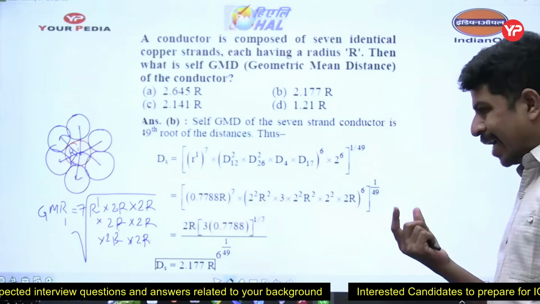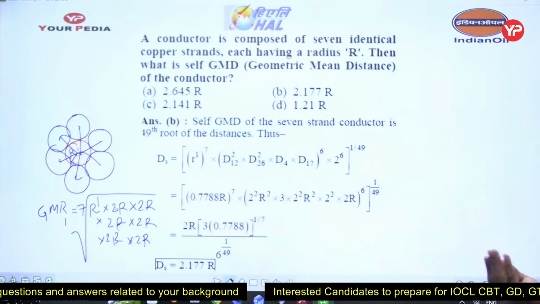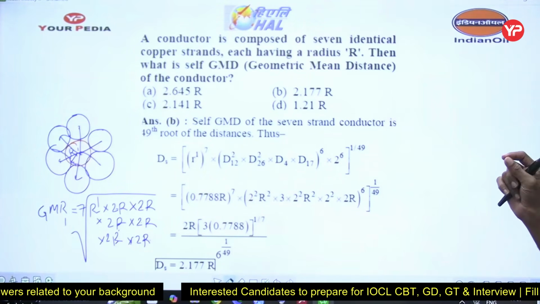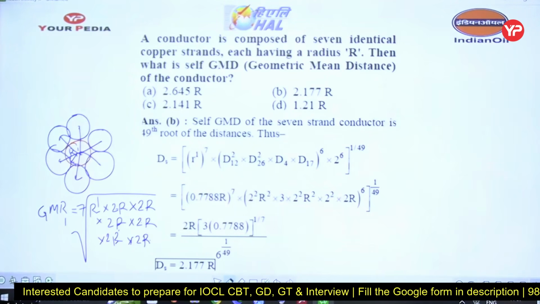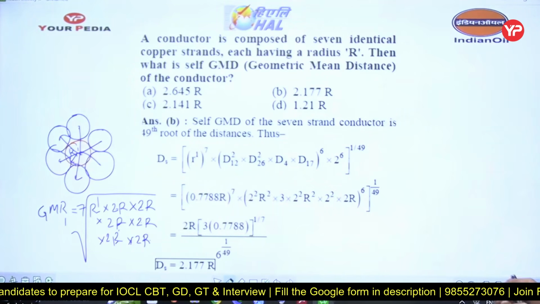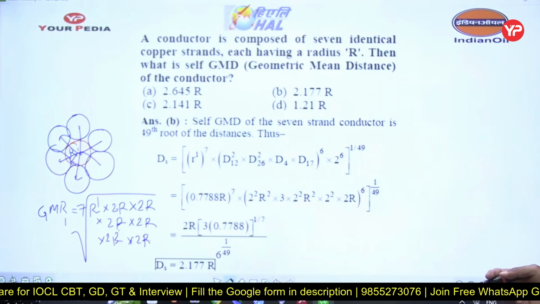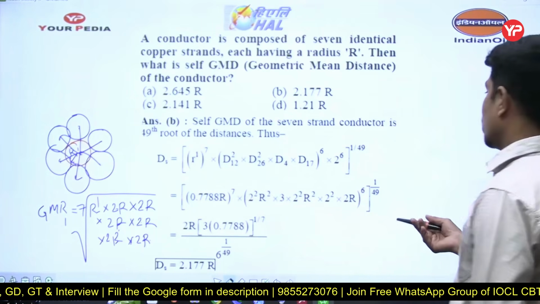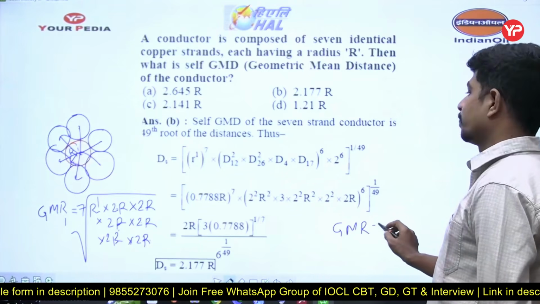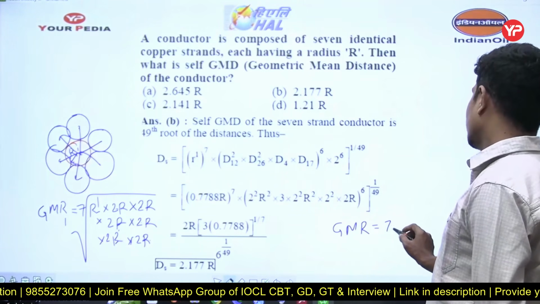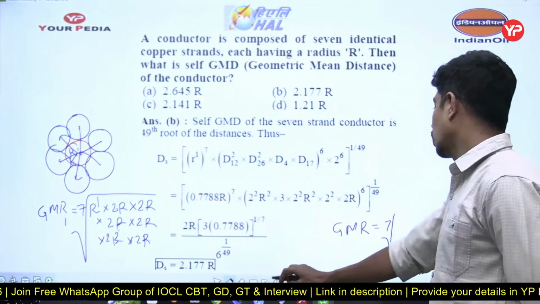GMR: every conductor has its own distance R dash. From that conductor center to another conductor center, how many such combinations are there? All combinations you take, how many distances you have, that much root you have to take. So GMR is equal to the seventh root, means whole power 1 by 7.